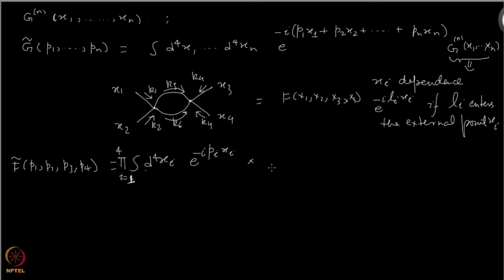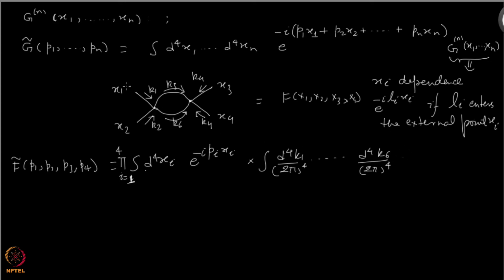So for each propagator I had an integral corresponding to the momentum that runs through that propagator. So we had d^4 k1 over (2π)^4 up to d^4 k6. We have 6 propagators, and for each one we have an integral.